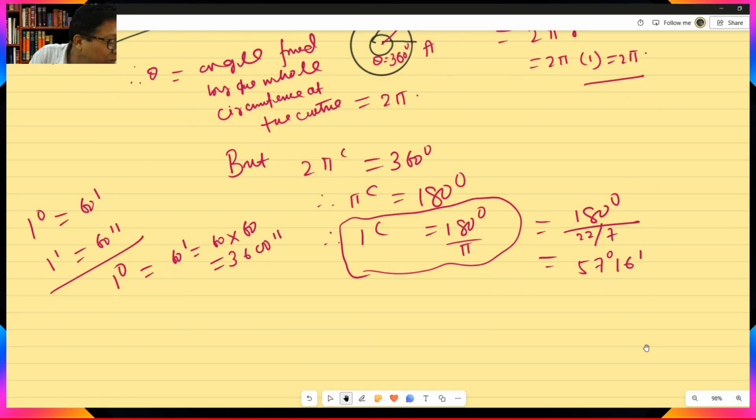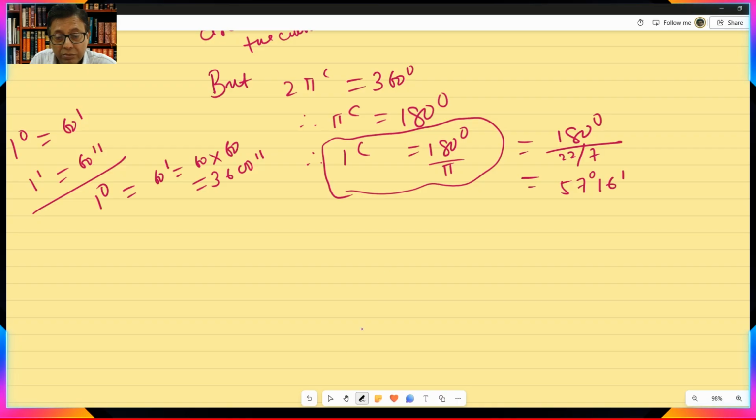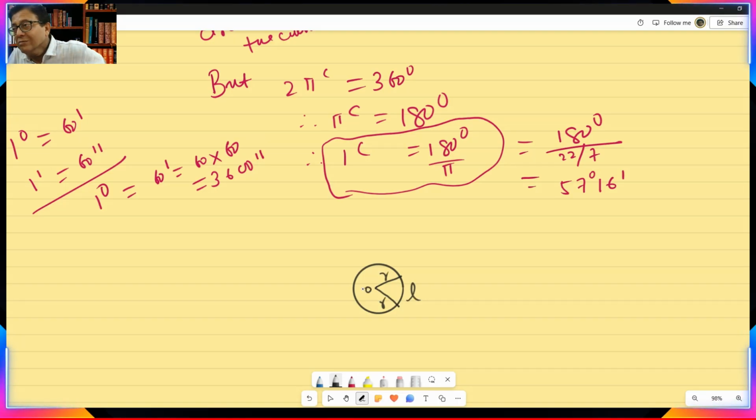Now, a very important question for you. Just by using the concept we have just learned, I have taken an arc length L, radius R. How much angle is formed over there at the center?